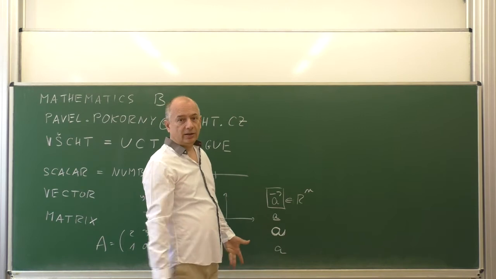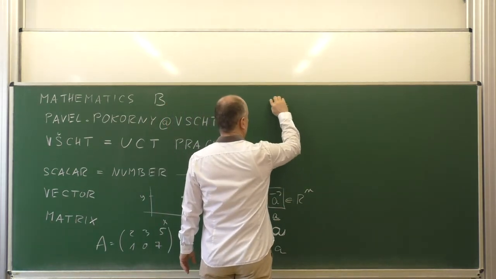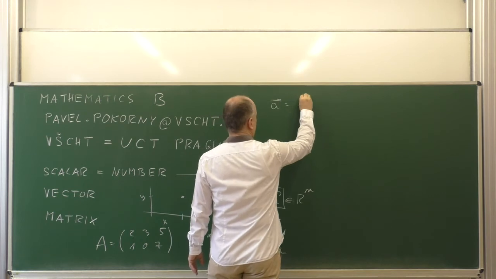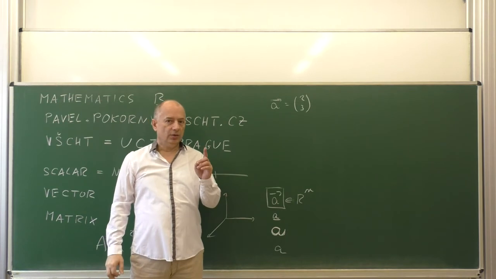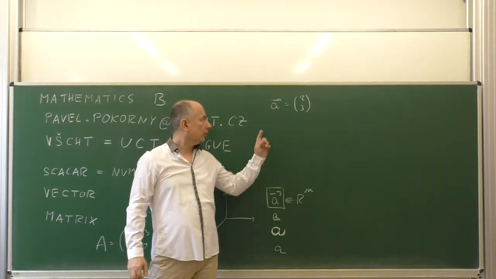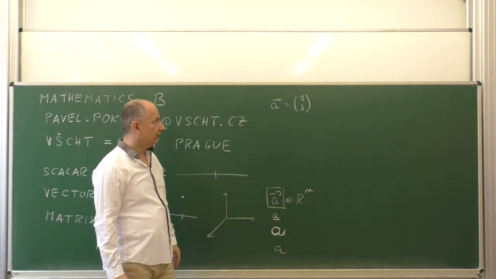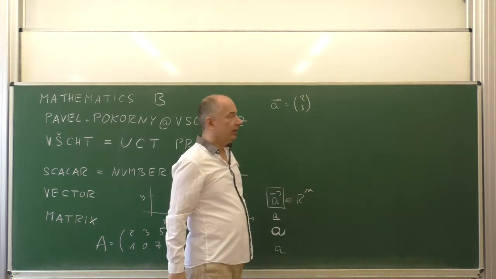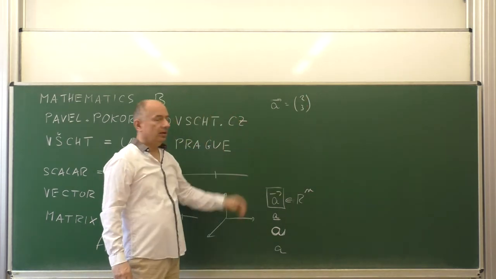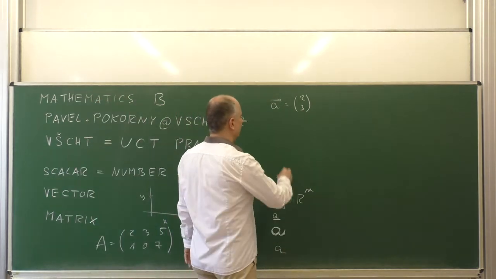I prefer column vector, so we can have a vector A, say with coordinates 2, 3, not to be confused with the combinatorial coefficient. This is not 2 above 3. This is a two-dimensional vector, just a point in a plane.